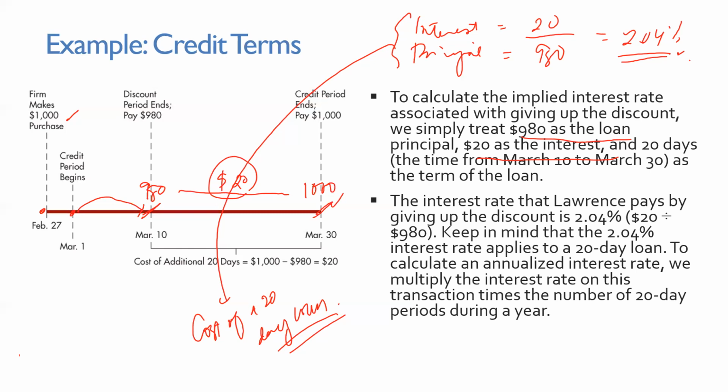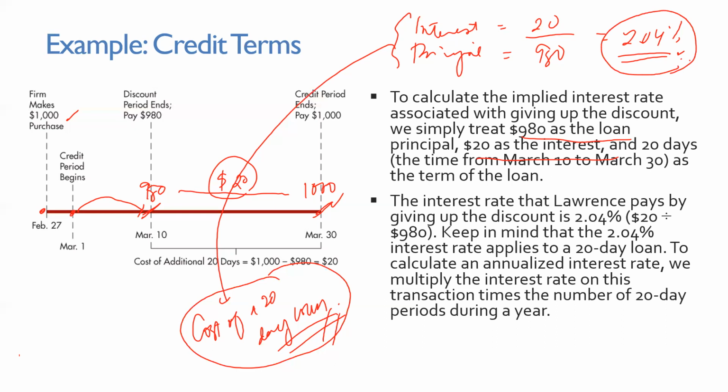So the gross amount looks low in percentage terms. It's 2.04%, but actually 2.04%, that's the interest of a 20-day loan. We don't know whether that's very expensive or not, right? You have to have a way to determine whether that interest rate is comparable with other interest rates.